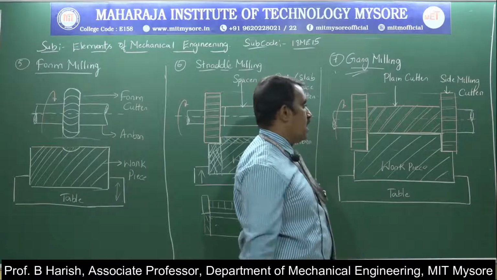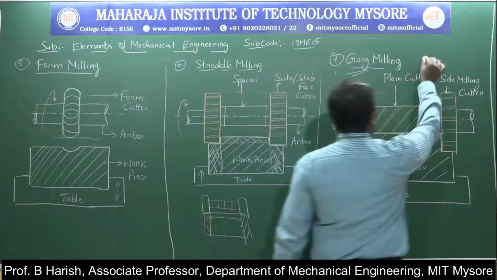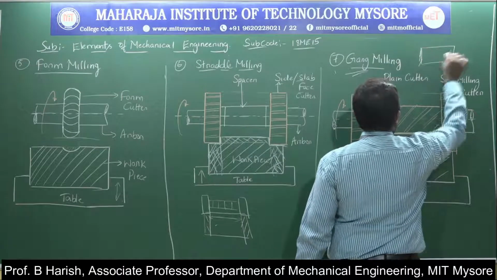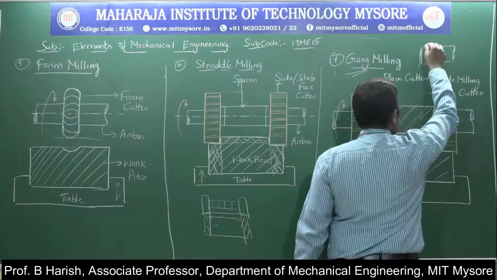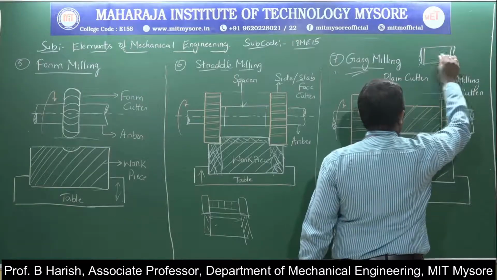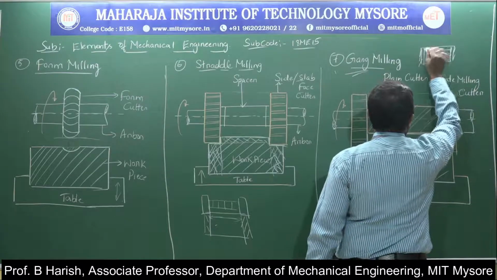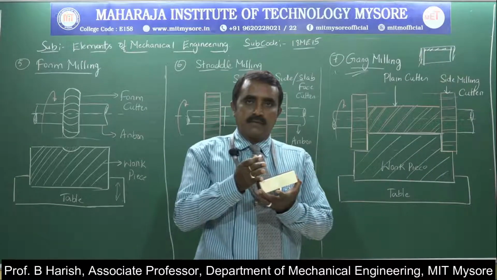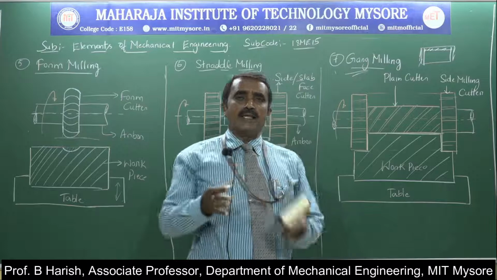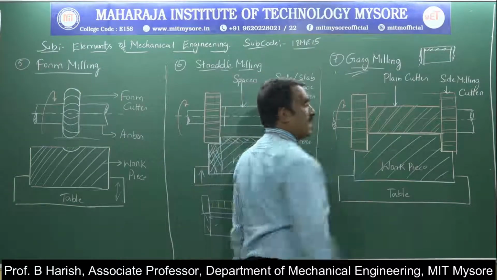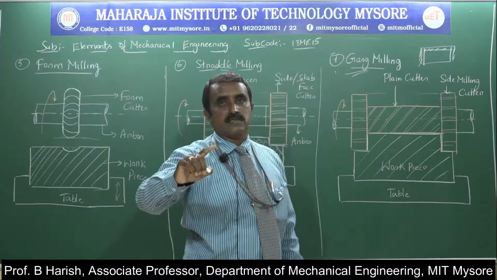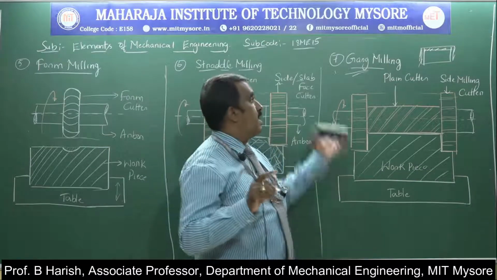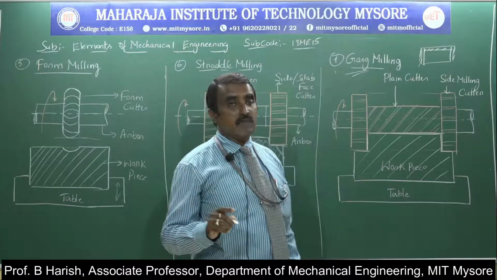Here the advantage is that if you have a job like this, I can machine this end, I can machine this end, that is, I can reduce the length, and at the same time I can flatten the top surface. Reducing the length and flattening the top surface, both can be done in a single stretch. That is the big advantage in the case of gang milling.